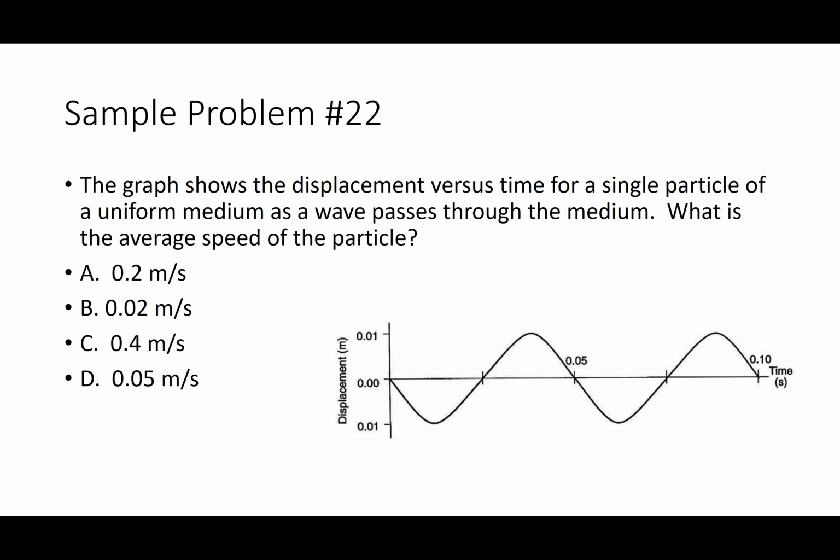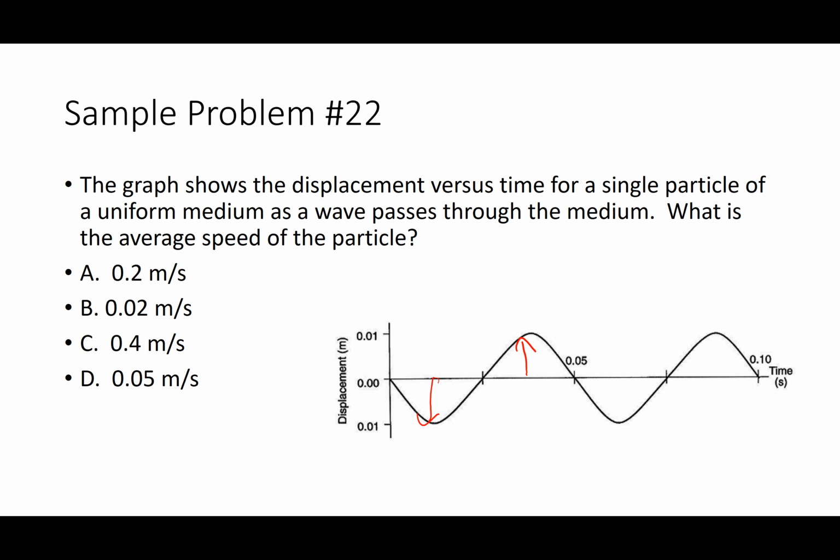All right, so same graph we used on the last problem. Remember, this is a graph for a single particle in a medium. And all the particle's doing is vibrating up and down. We're trying to find the speed of that particle. So it vibrates down 0.01 meters, and then it vibrates back up 0.01 meters. And it does that in 0.05 seconds.